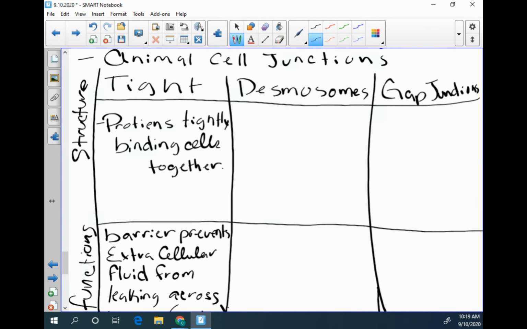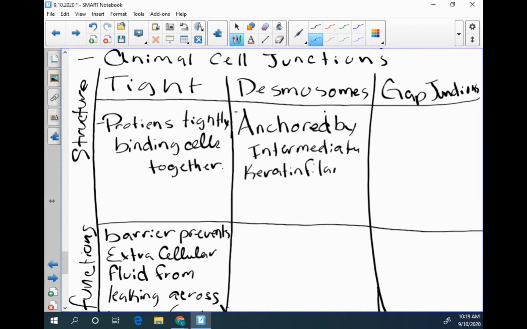They are anchored by intermediate keratin filaments.